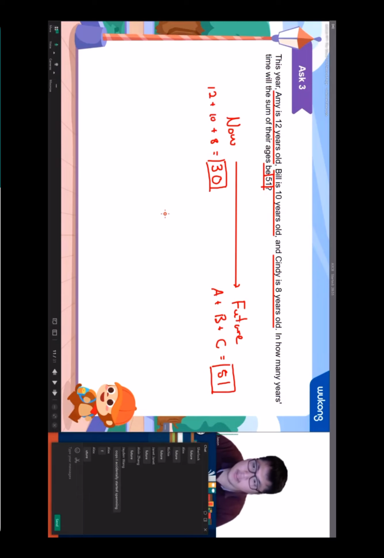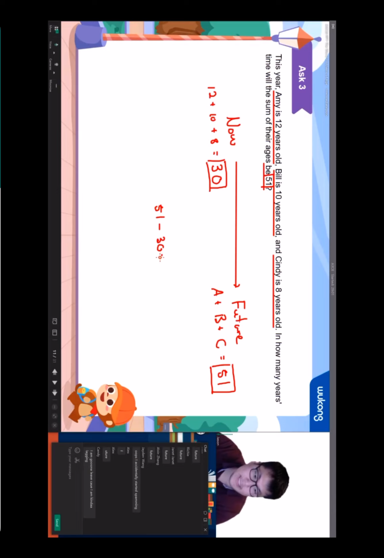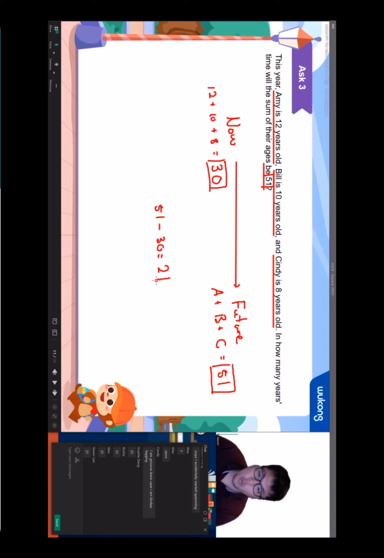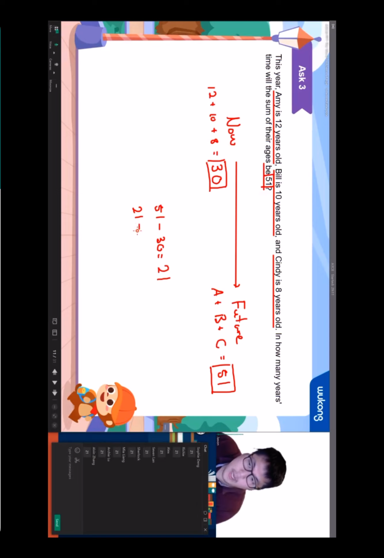So let's find the difference, everybody. So what is 51 take away 30, guys? 21.